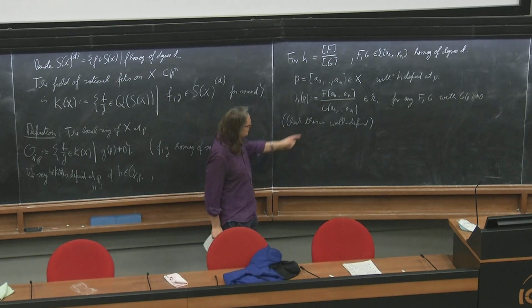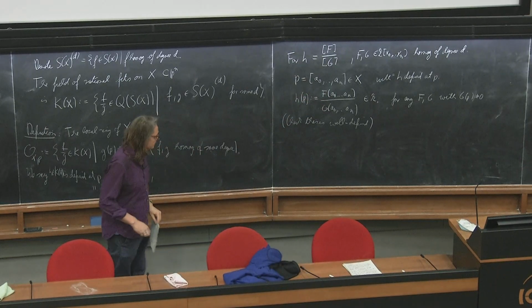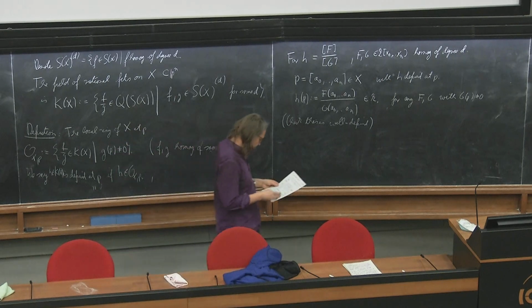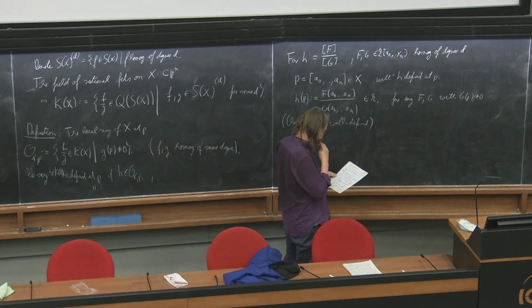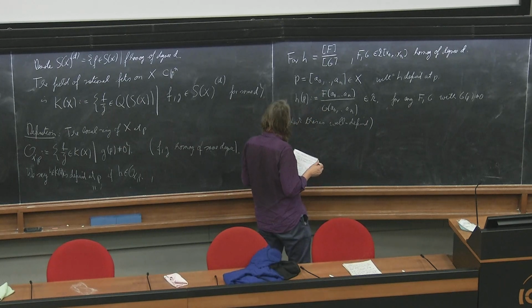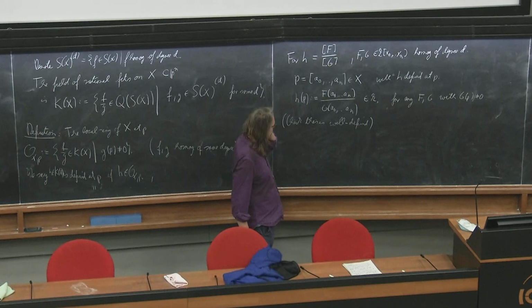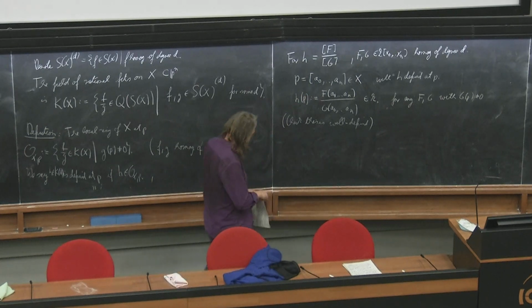And also, if you take other representatives of the same H, we will get the same result. This one can check. And so we can therefore associate to any point P the value H(P), just by doing this.